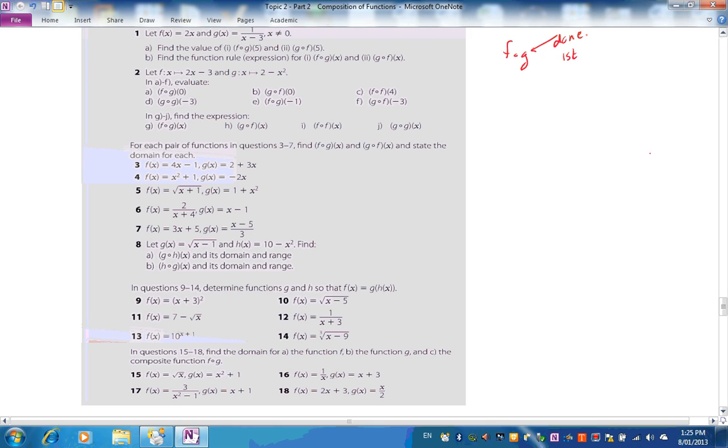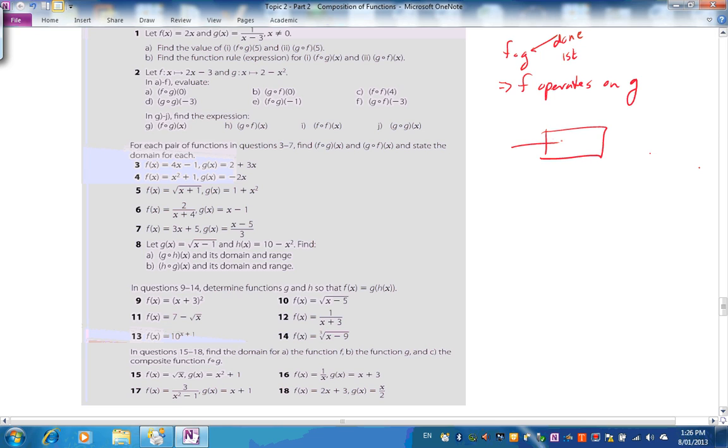I don't know why, because we need to think of this as implies f operates on g. So you can't actually start any work with f until you've found the result of g, because f is going to operate on g.